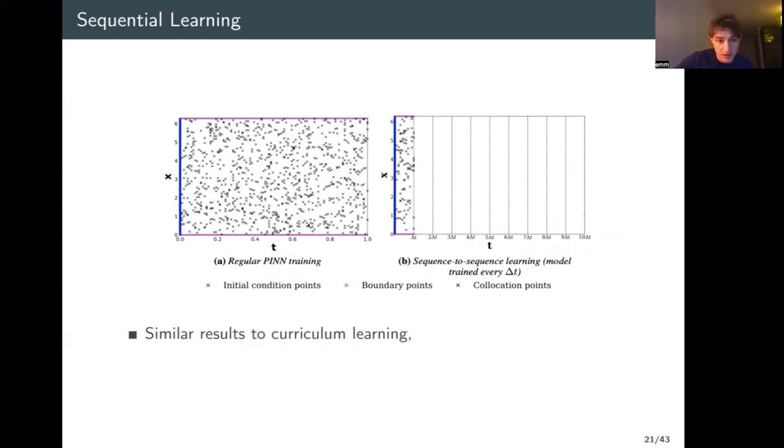Once we solved from 0 to delta t, then gradually we can solve it from 0 to 2 delta t, then to 3 delta t. And the results are actually quite similar to curriculum learning.